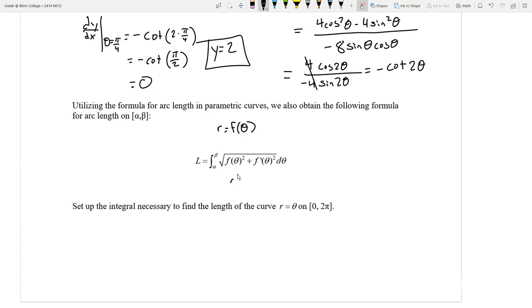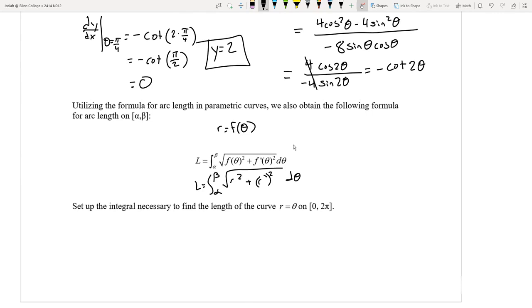So essentially we can write this also as r squared plus r prime squared, if we wish, under a square root from alpha to beta. So either way, it should be the same thing. I think the book tends to go with this. So we have our original function squared plus the derivative of the function squared, take the square root, d theta.